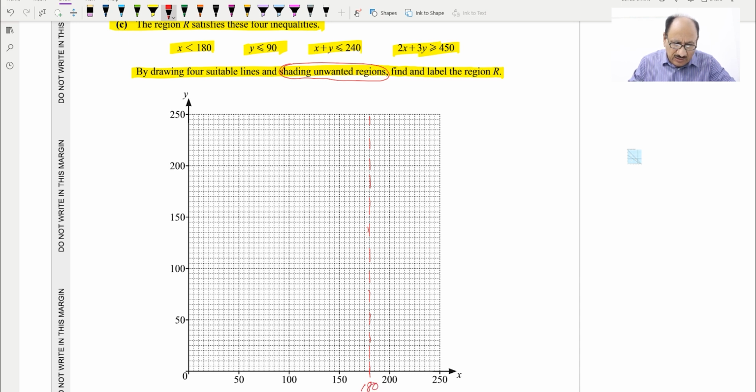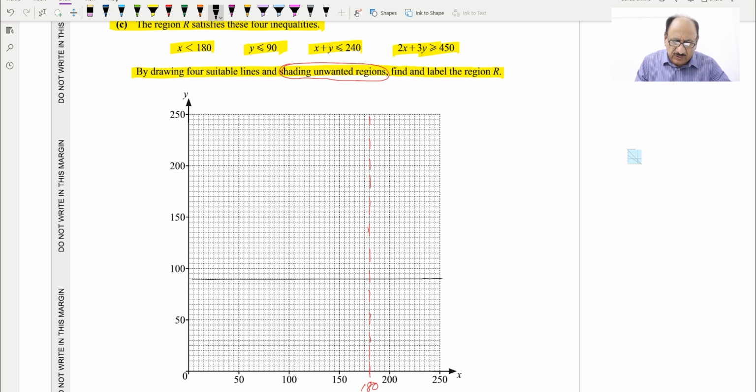And then second is y is less than or equal to 90. I will change the color, so y equal to 90 will be this line.